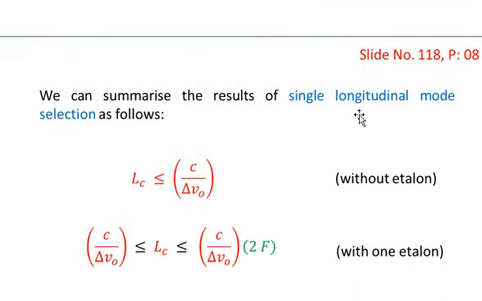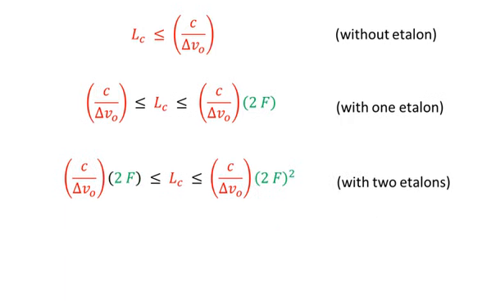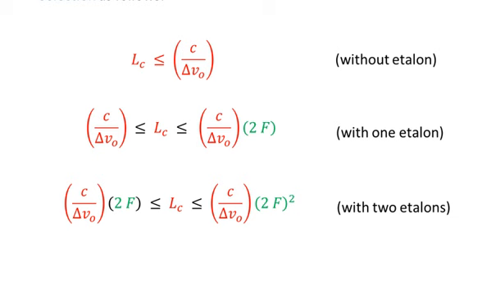So we can summarize the results of the single longitudinal mode selection as follows. The length of the laser cavity LC is constrained by this equation if you are using no Etalon in the laser cavity. You are still selecting a single mode, but with limited output optical power because you have a limited size of the laser cavity. But if you want to increase the laser cavity, you use a single Etalon of fineness f.